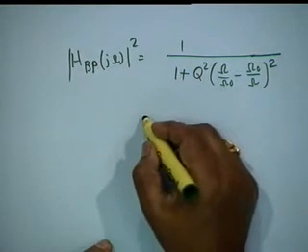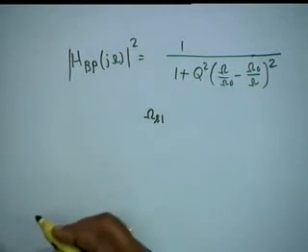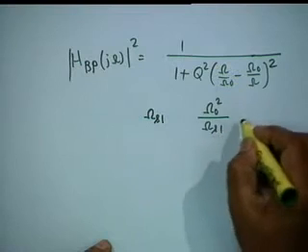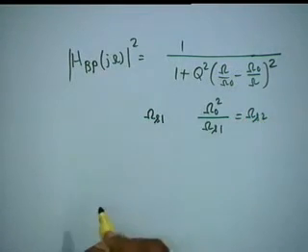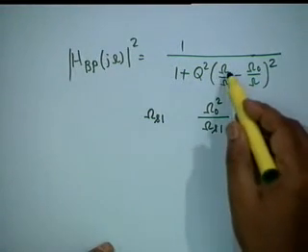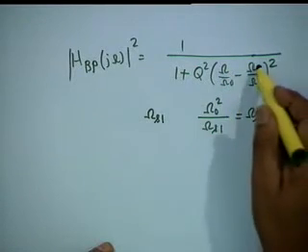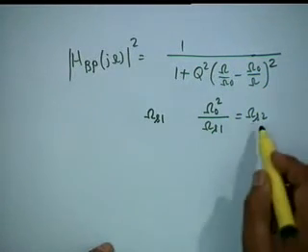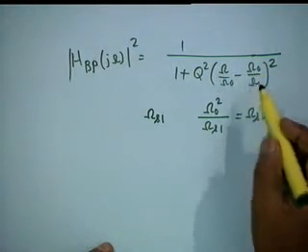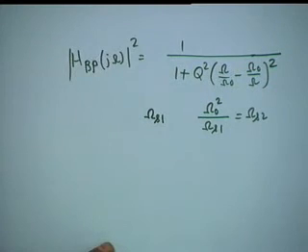If you take any frequency, let us say omega S1, and another frequency which is omega naught squared by omega S1, then you see the magnitudes should be equal, isn't that right? Omega S1 by omega 0 and omega 0 by omega S1. If you put omega S2, then you get omega S2 by omega 0 minus again omega 0 by omega S2, and they should be identical. Is that clear?